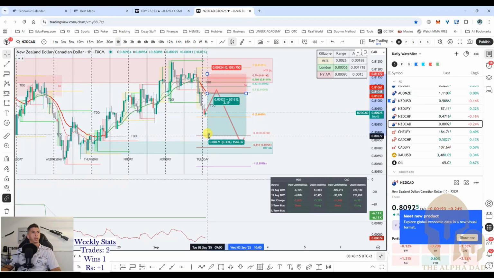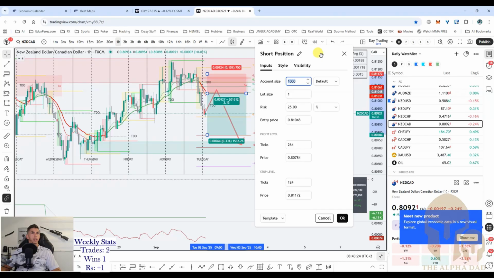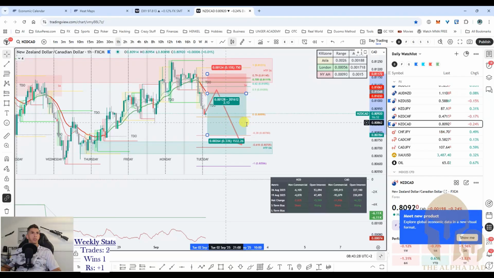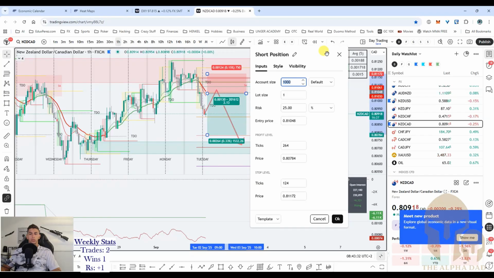Look, more than enough range we have. So yeah, this is our trade, guys. This is exactly our trade. Let's put this here. Boom.